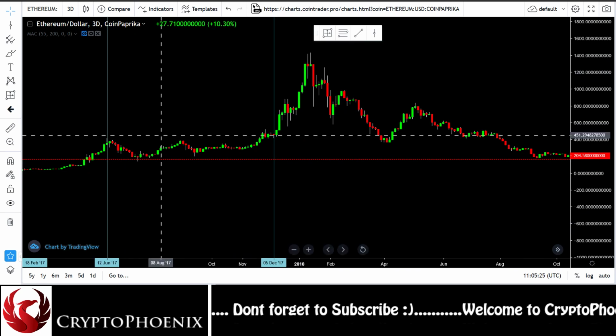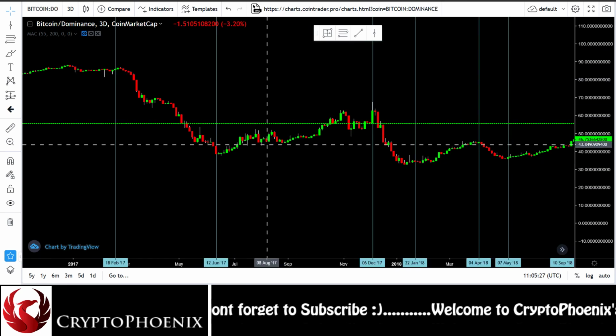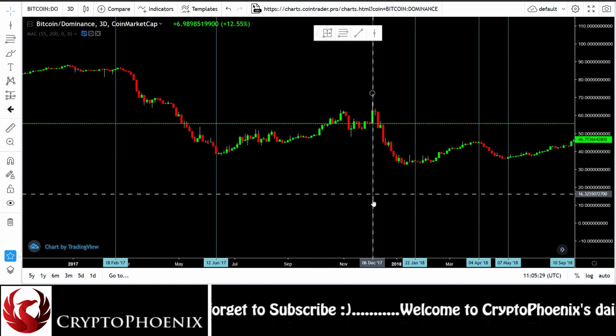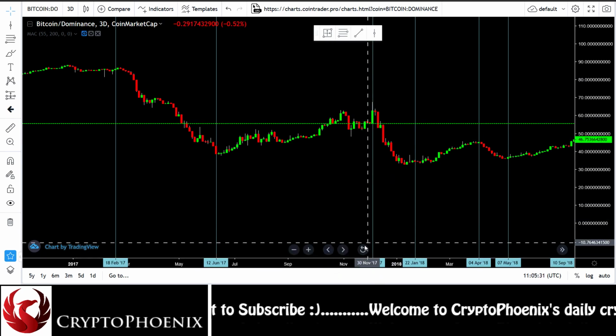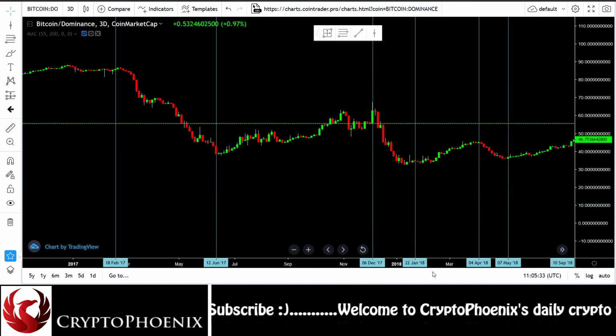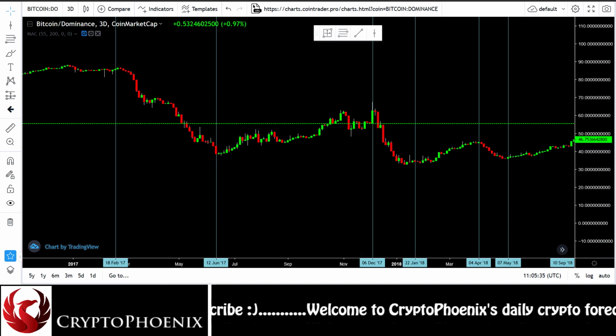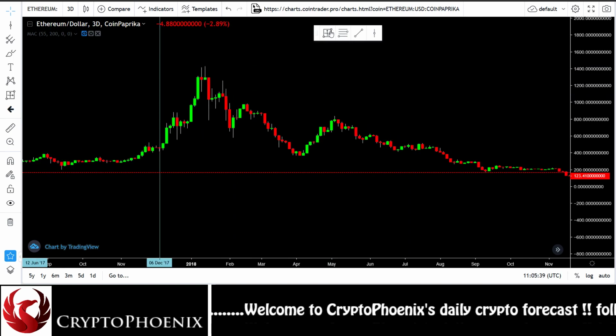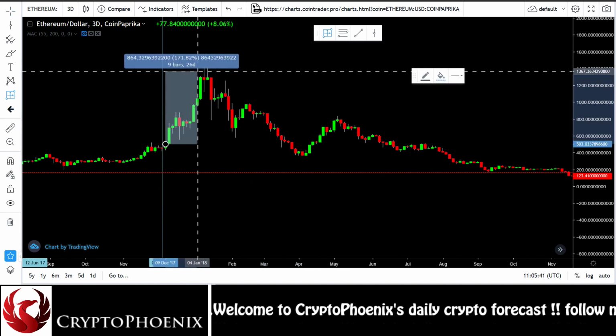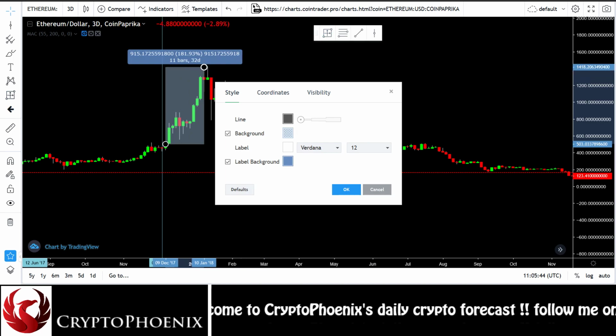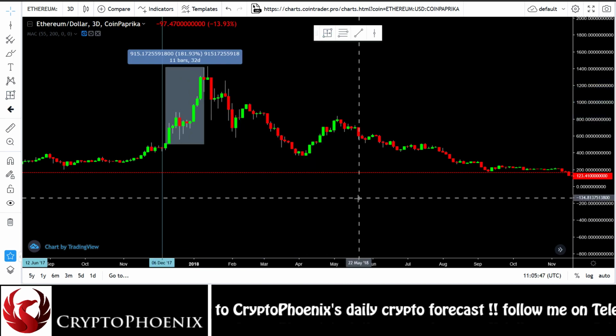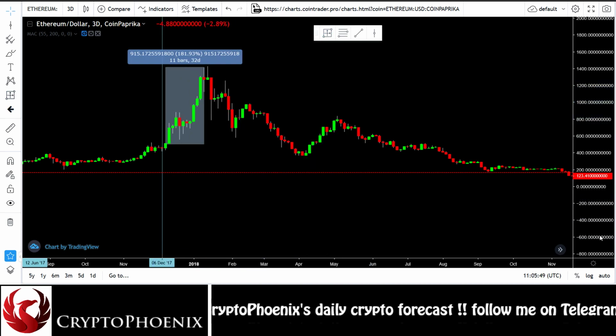Just after 6th December 2017, the dominance keeps on decreasing, from 6th December 2017 up to 22nd January 2018. Dominance keeps on decreasing, and we can see the price move up. And again, the gain was pretty much 200%. So that's not a bad strategy if you don't know anything in the market.